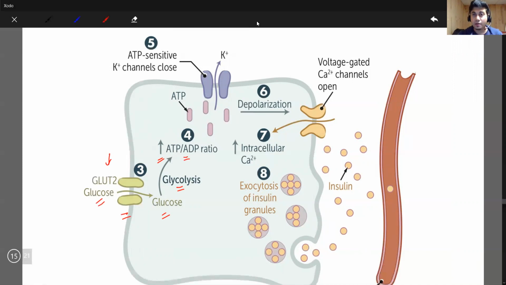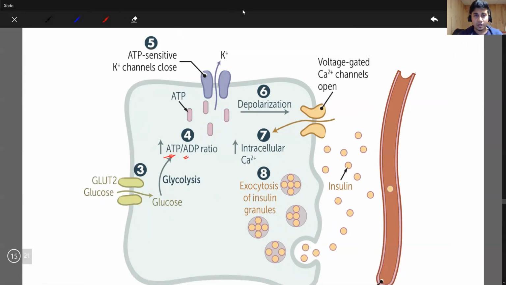Now, we know that ADP converts into ATP in the mitochondrial electron transport chain in the process of oxidative phosphorylation. When there is more ATP, the ATP to ADP ratio will increase, right? If you measure this ratio, ATP on top, ADP on bottom, if there is more ATP, the ratio increases.